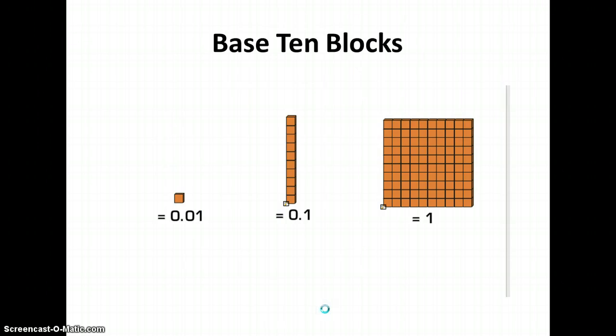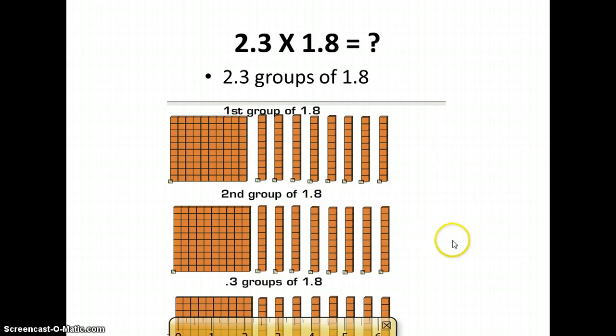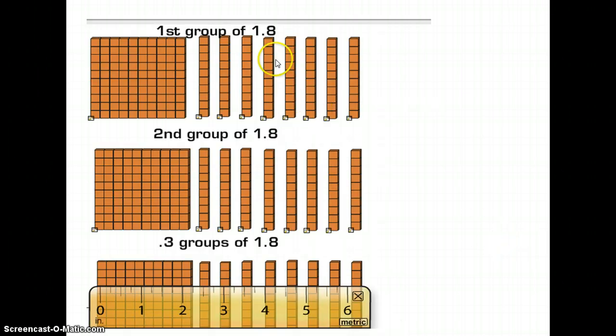Now we are going to solve this by using the base 10 blocks. Now this is different from the first problem because one individual block represents 1/100. Now the grouping seems similar, however, it's now only 2 3/10 groups of 1 8/10. So we can make 2 whole groups of 1 8/10. If we add the individual blocks, it will come out to be 1 8/10.